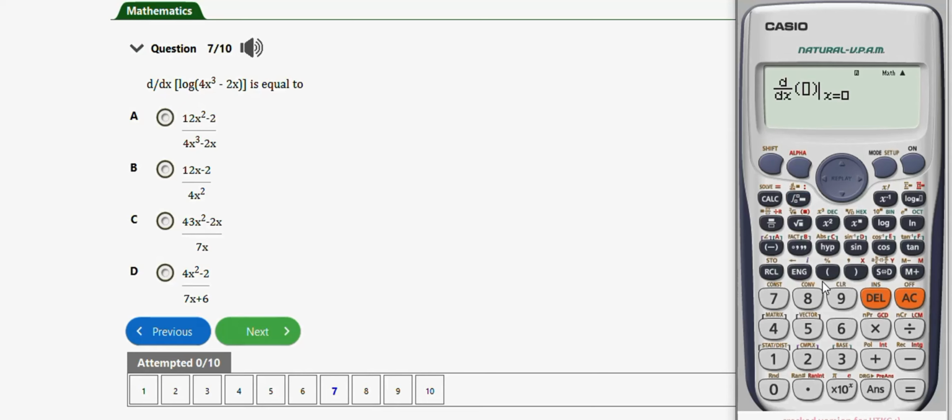So we have open brackets, we have log 4x cubed, use this power function. Okay, we have minus 2x, yeah. Then we have to balance the bracket.